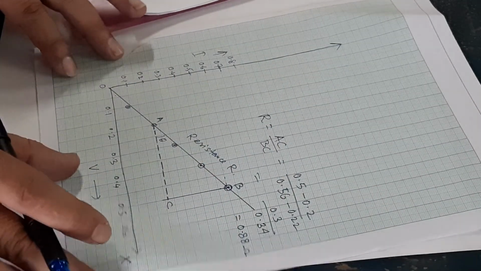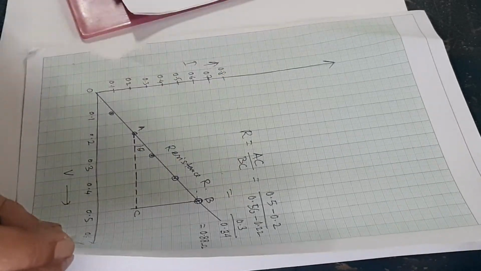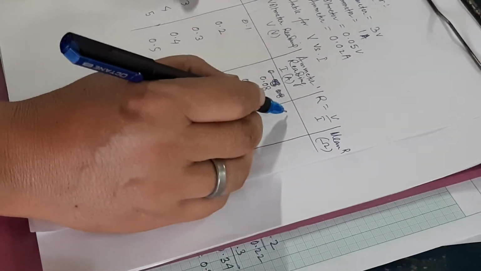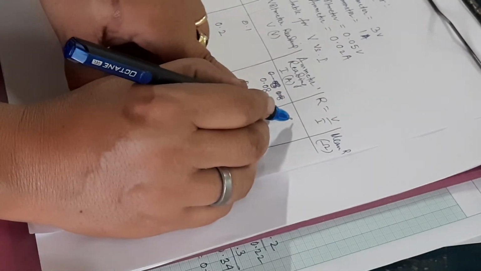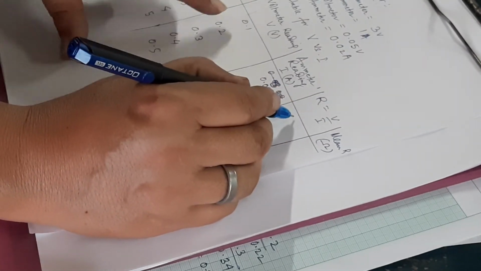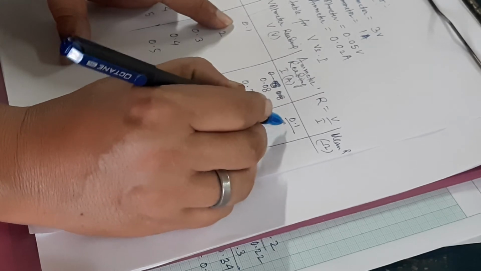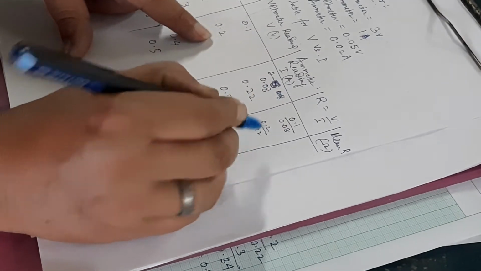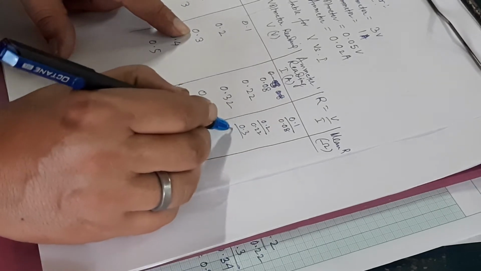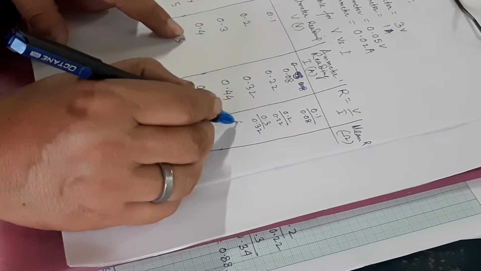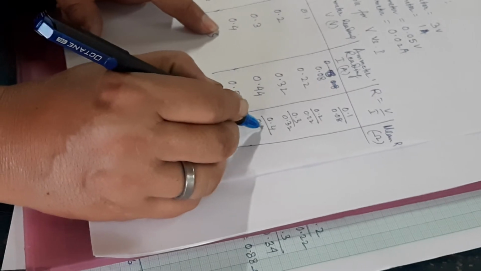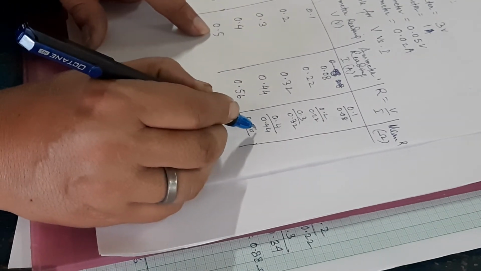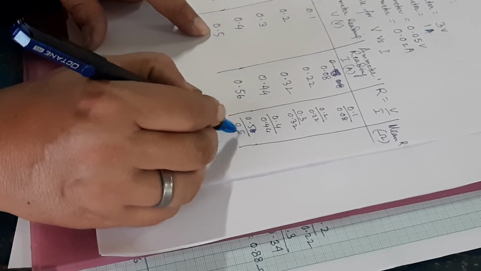So we can prove Ohm's law, that V is directly proportional to I. From here also we can find the resistance, by taking the value of V by I. V by I is 0.1 divided by 0.08, 0.2 divided by 0.22, 0.3 divided by 0.32, 0.4 divided by 0.44, and 0.5 divided by 0.56.